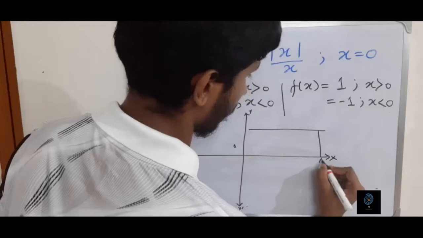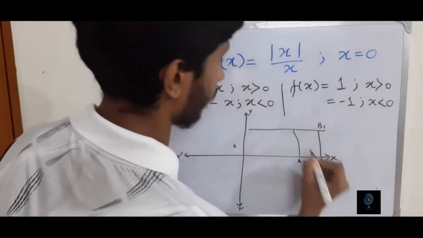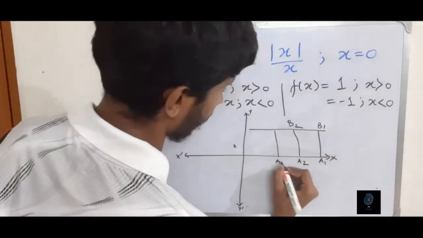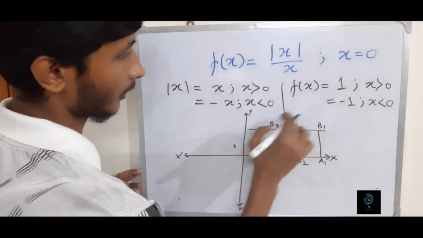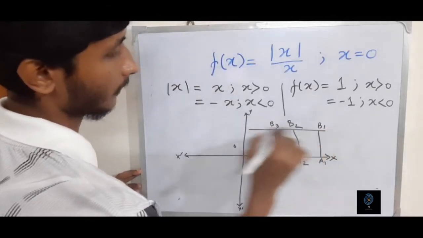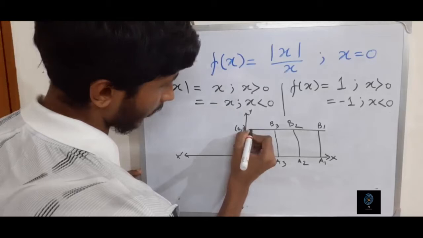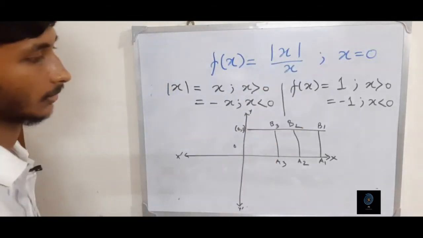Now see, let this be a1 b1, a2 b2, a3 b3. According to the definition of the function f(x), what is this value of f(x)? f(x) is 1. So this point is (0, 1). It never touches here because the function is undefined at x equal to 0.